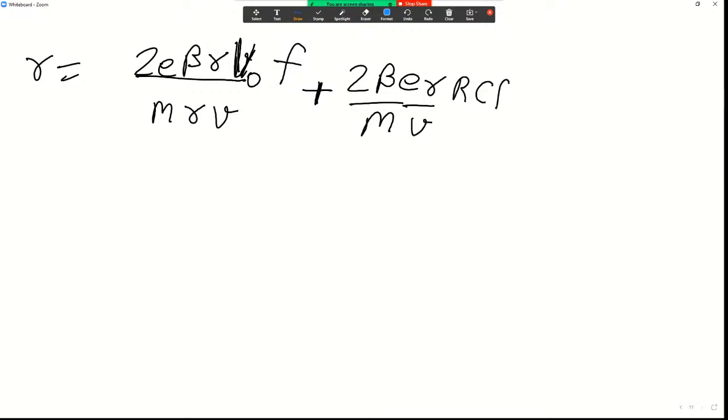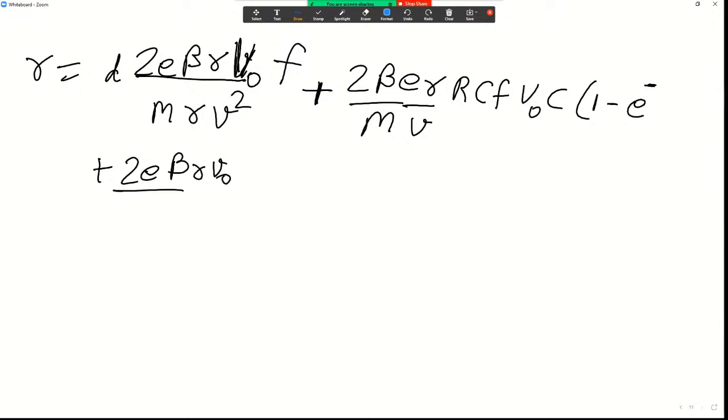RC d times Q0, which is V naught C, 1 minus E over, oh, I forgot to write this term, d by V square, plus 2E beta R V naught by M R RC to the power minus d by VRC minus 1.